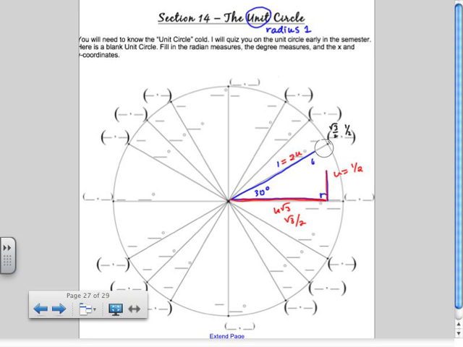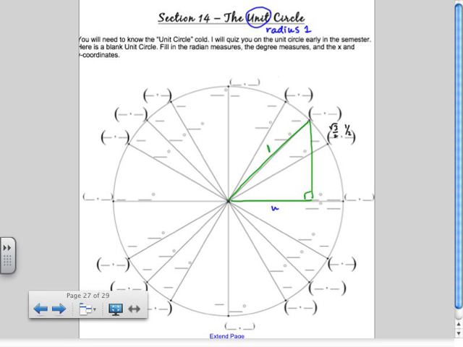All right, let's continue this for our 45, 45, 90 triangle. I'm going to draw it in right here. Again, my hypotenuse is 1, because it's a unit circle, the radius is 1.